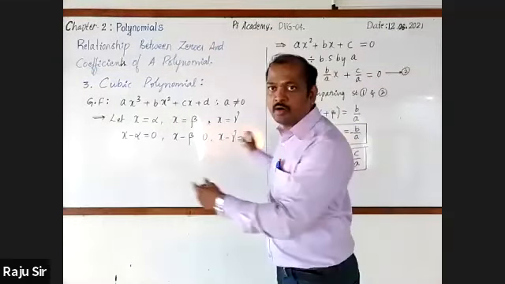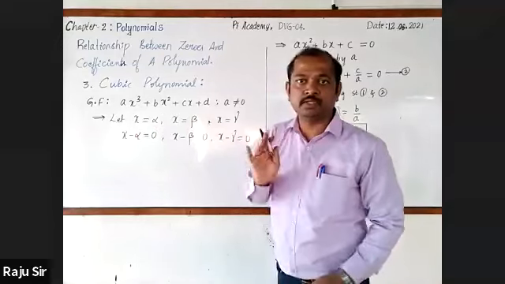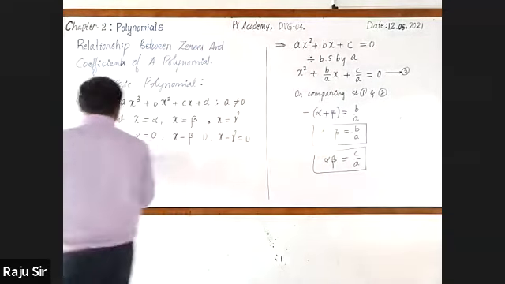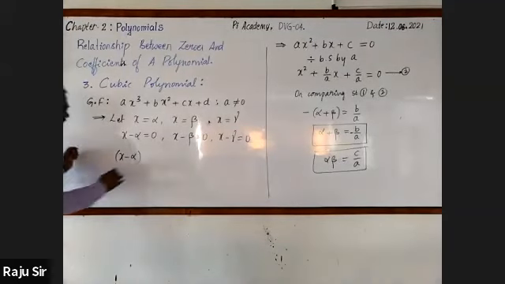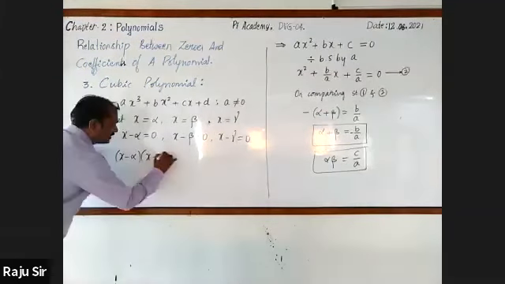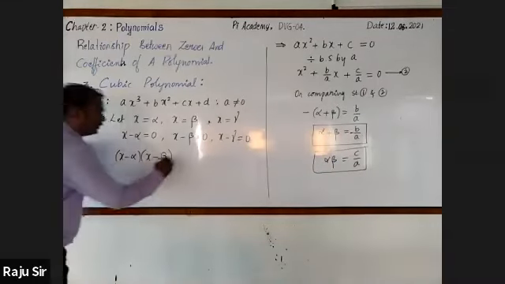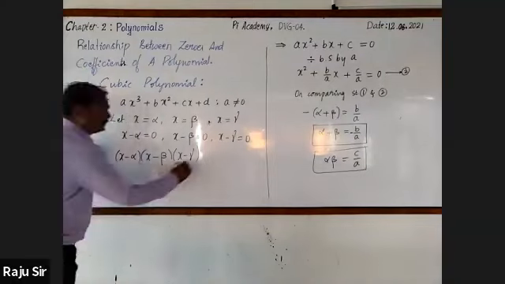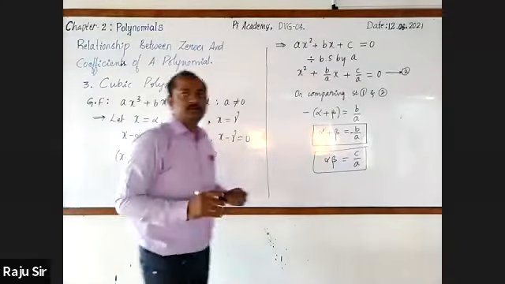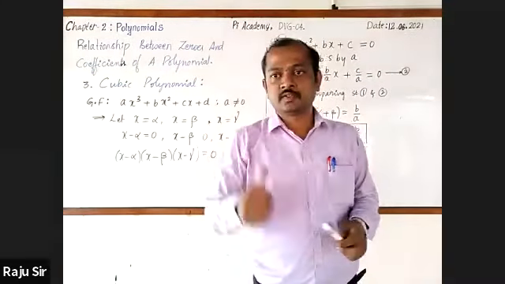Let us take all the 3 statements together. Then we can write x minus alpha into x minus beta into x minus gamma equal to 0. Understood?